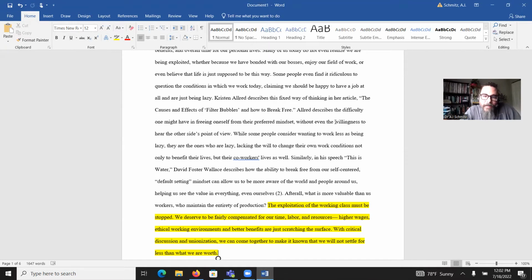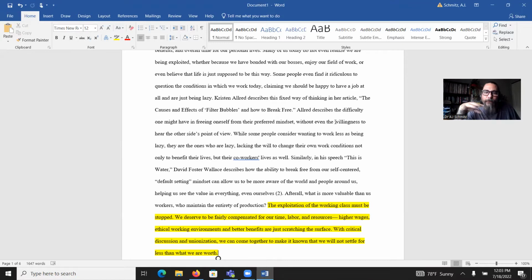Similarly, in his speech, This is Water, David Foster Wallace describes how the ability to break free from our self-centered default setting mindset can allow us to become more aware of the world and the people around us, helping us to see the value in everything, even in ourselves.